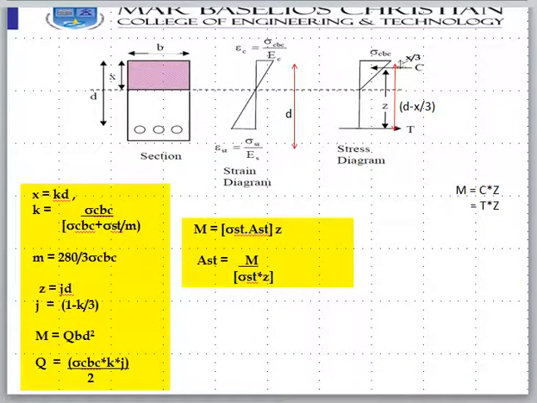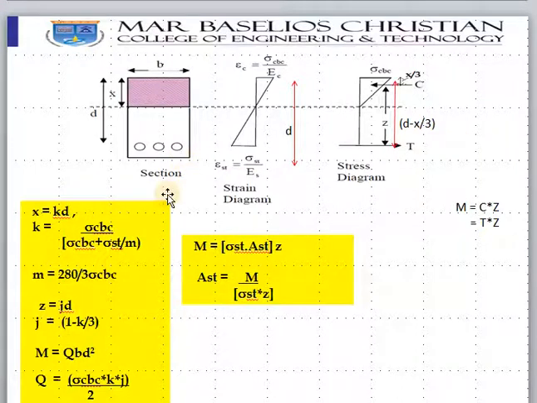Coming to the very basics of the working stress method, we discussed it last year in DC1. These constants are going to be useful for us. This is your cross section, this is your strain diagram, this is your stress diagram. At the bottom it will be tension and at the top it is compression because of the concrete, and this is the total compressive force and this is the total tensile force.